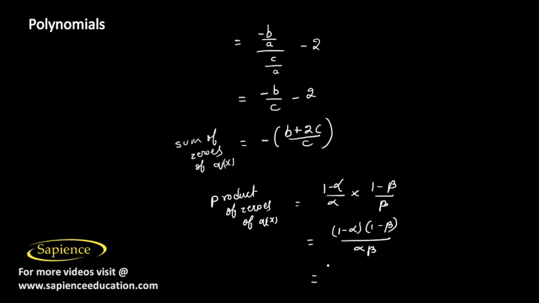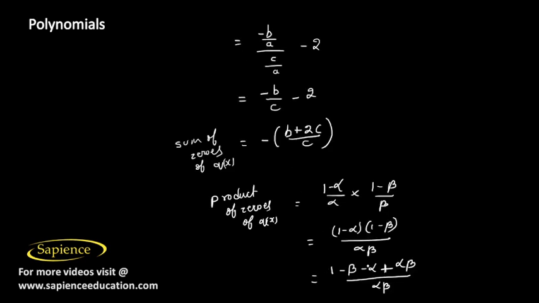By multiplying these terms we will get 1 into 1 will be 1, 1 into minus beta will be minus beta, minus alpha into 1 will be minus alpha, and minus alpha into minus beta will be plus alpha beta, all divided by alpha beta.